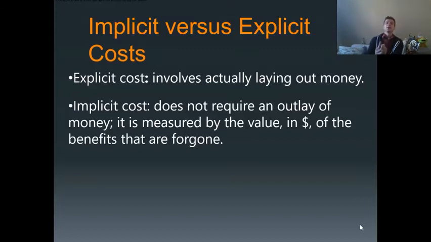Implicit costs, these are the ones that don't require you to put out money for it. It's measured in value of dollars of the benefits that were foregone. What that tells you is you should be thinking opportunity cost. So the implicit cost is really just sort of another phrasing of opportunity costs. So it's the other thing you could be doing with your resources.